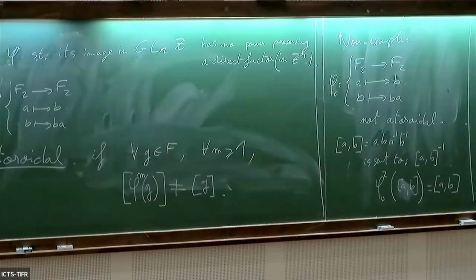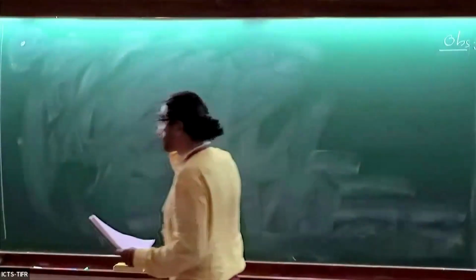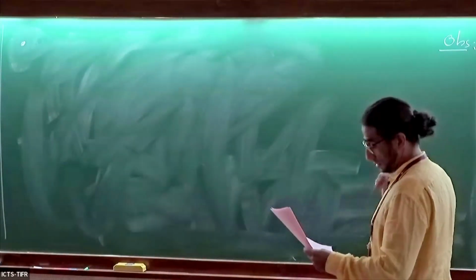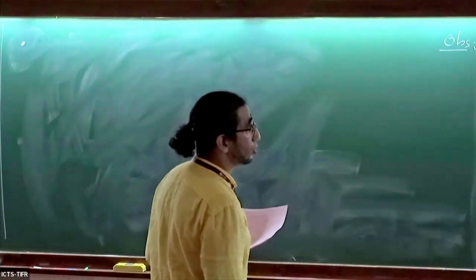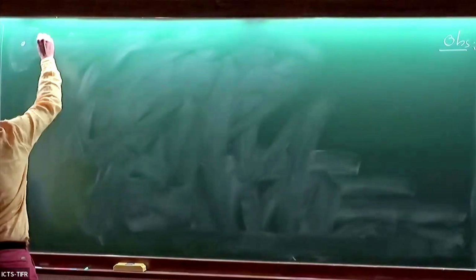Next thing I want to talk about is topological realization of outer automorphism. So it's a property where all of them have it.